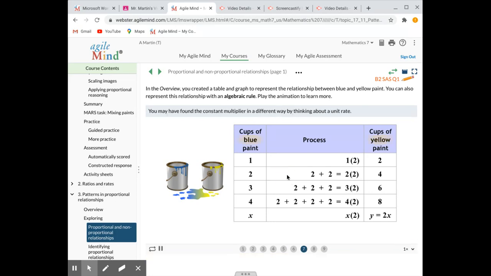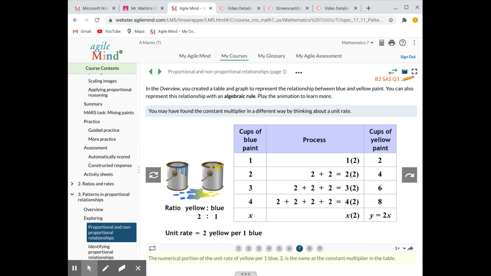Let's take a look. It says you may have found the constant multiplier in a different way by thinking about a unit rate. So remember our unit rate was what? 2 yellow paint over 1 blue paint. Correct. So 2 yellow per 1 blue. And so if we do 2 divided by 1, we get what?